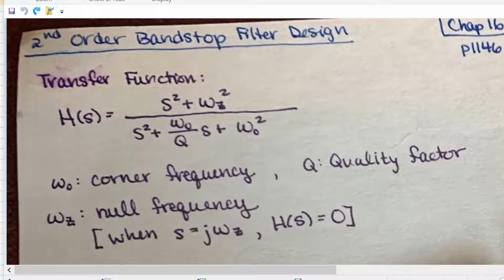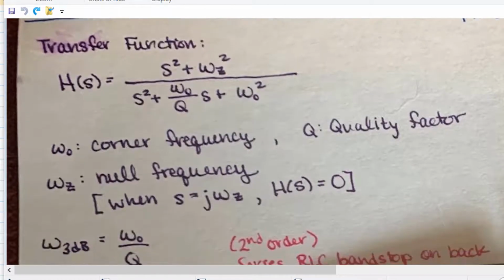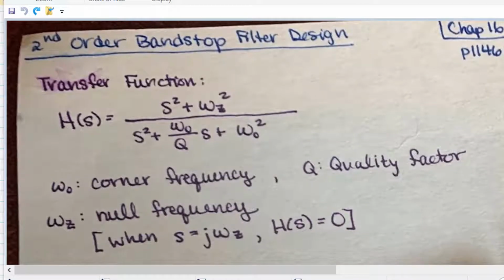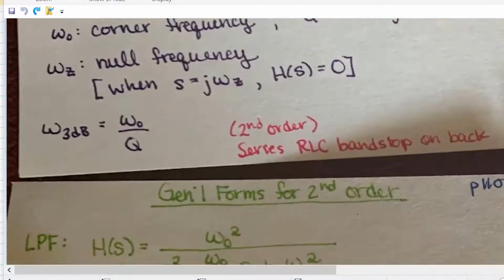As you'll see, the denominator is always the same. Looking at the numerator tells you what kind of filter it will be. The denominator is going to help you find your omega naught and your Q. If it's s squared plus a constant squared in the numerator, it's band stop.